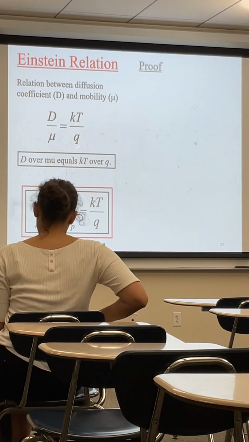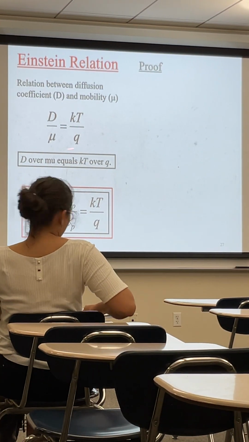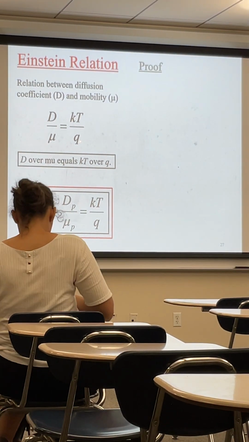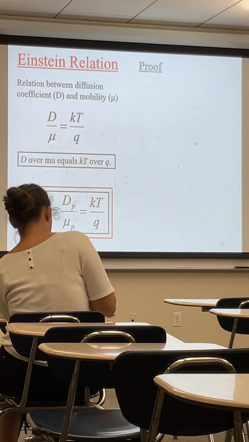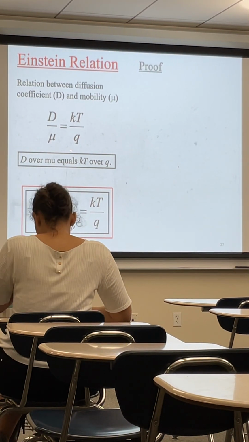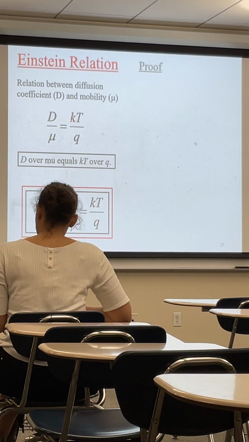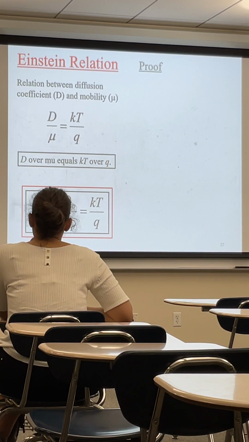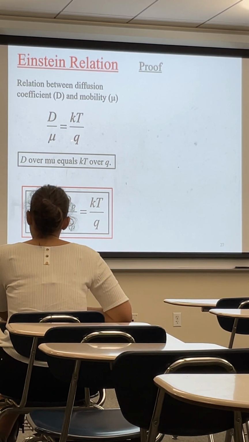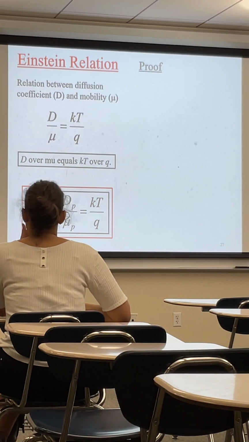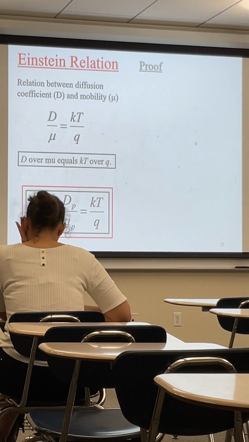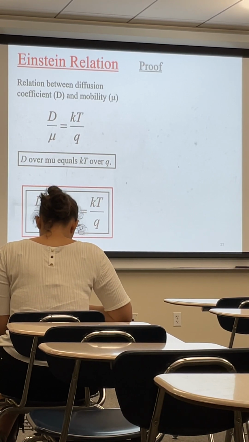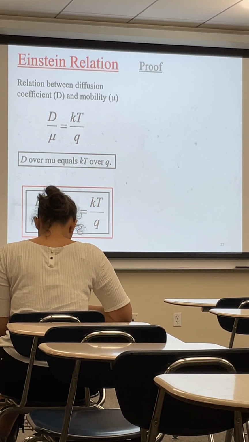This is a very useful equation: D over mu equals kT over q. And what's k? Boltzmann constant, and T is temperature. And what's q? The electron charge. All these can be constant for a fixed temperature.